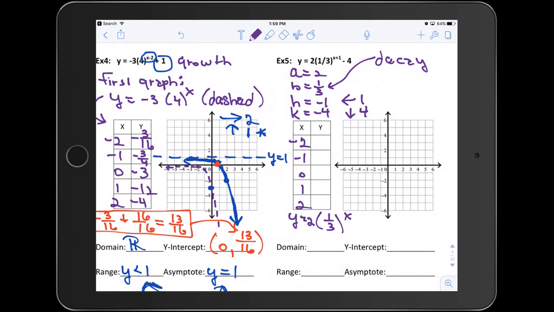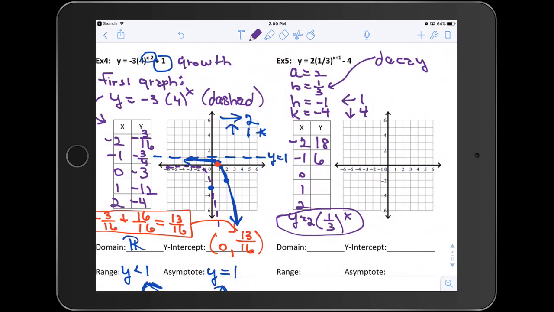If you put -2 into that, remember you're dealing with a reciprocal, so you end up with 3 squared, which is 9, times 2, that gives me 18. So you need to be very good mentally with those exponents. That's why in part A you had to work with that a lot without a calculator. If you put -1 into this equation, you end up with 1/3 raised to the -1, which is the same thing as 3/1, times 2, and that gives me 6.